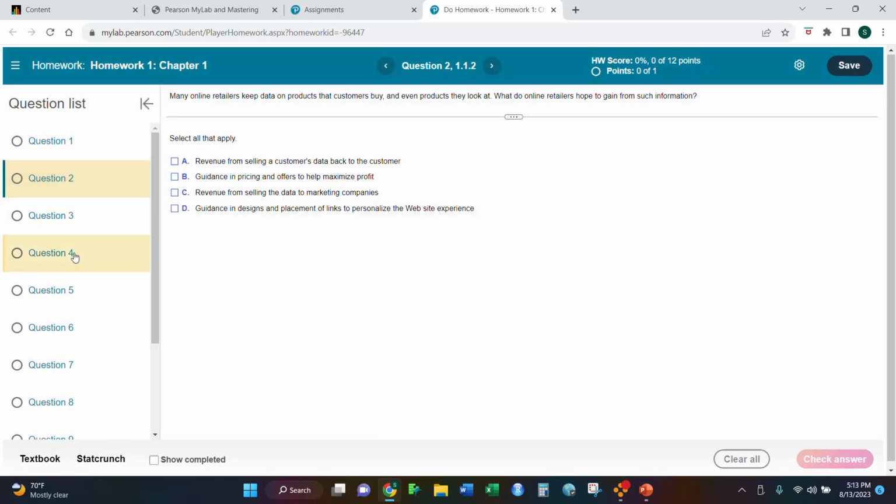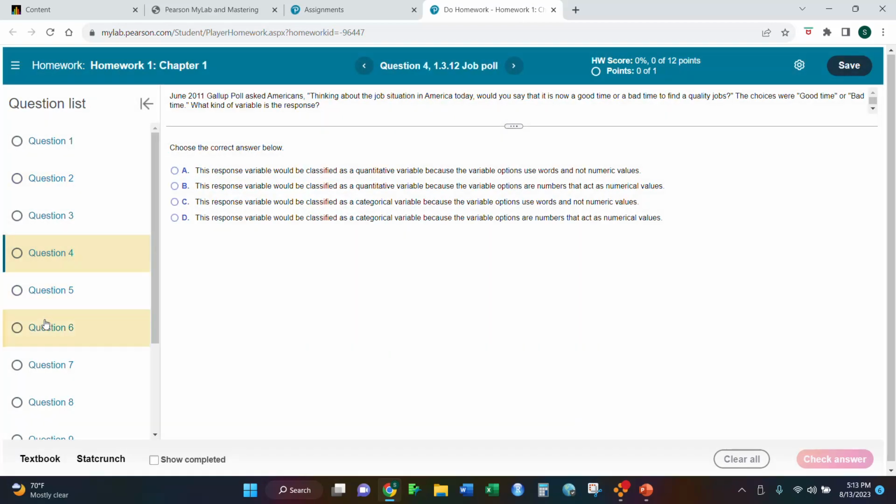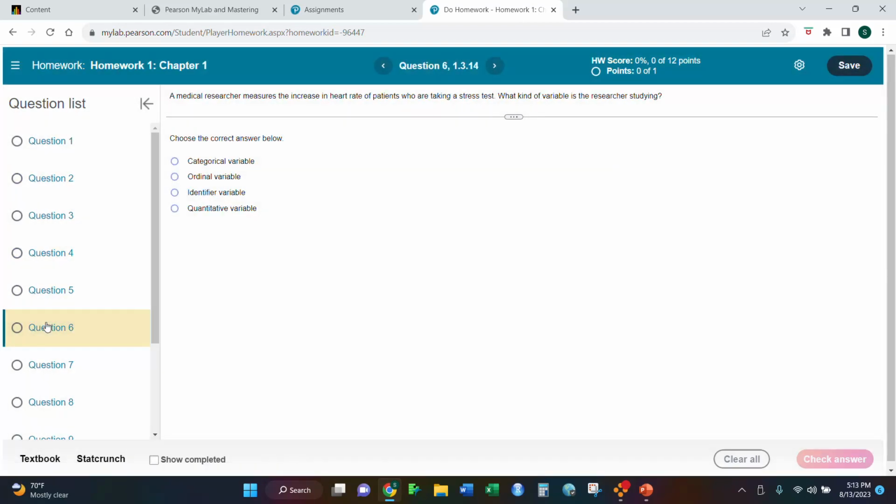You can flip through if you want. Some questions are fill in the blank, some are multiple choice, some are select the best or select all. It varies based on what we're learning about.